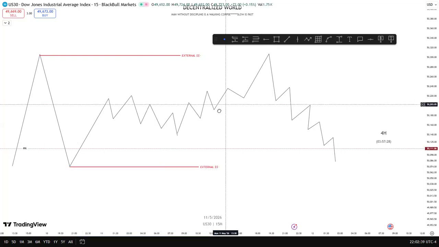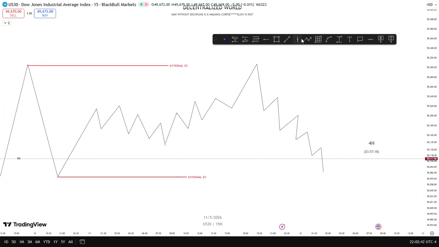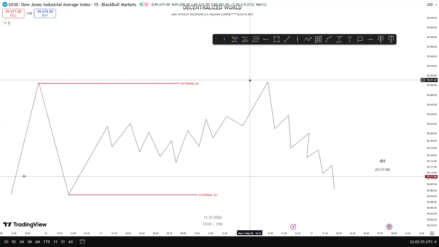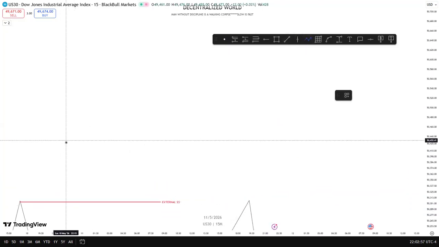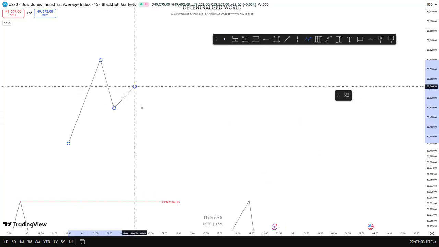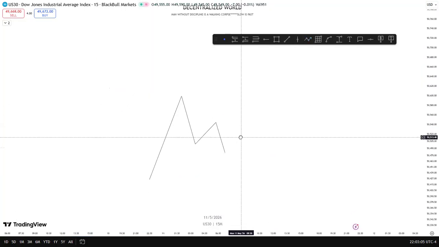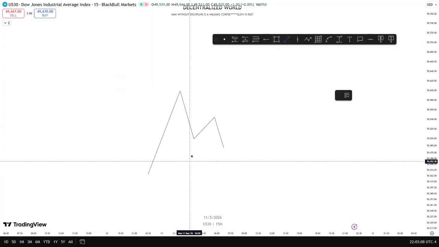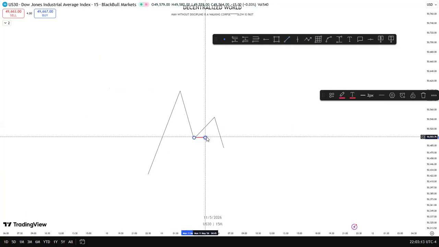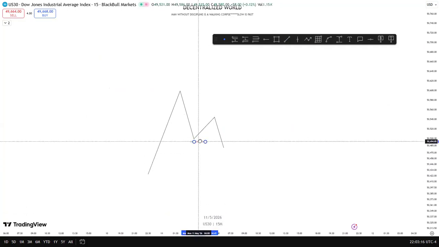Then we have the internal range liquidity. Internal range liquidity is simply all the liquidity residing inside the current range or structure. An internal range liquidity could be something like this low here.